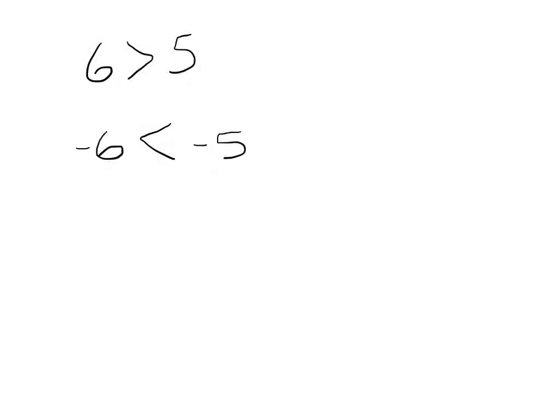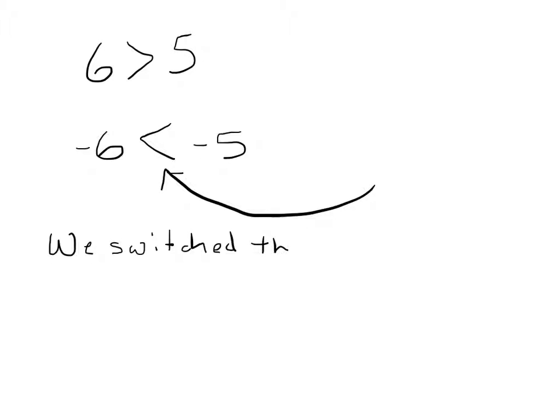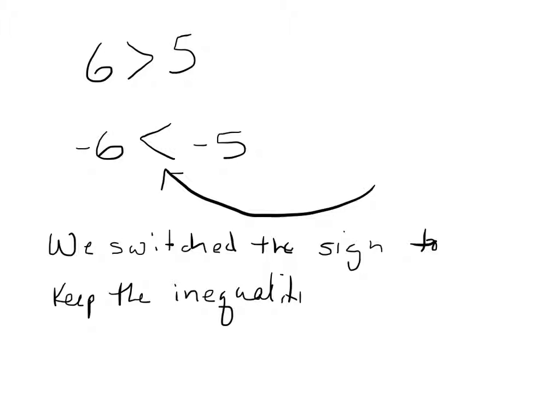And then it says, and explain how to preserve the truth of the inequality. And to preserve the truth of the inequality, we needed to switch the sign. So we would say we switch the sign to keep the inequality true.